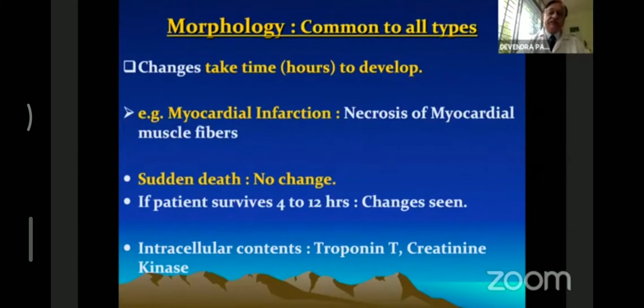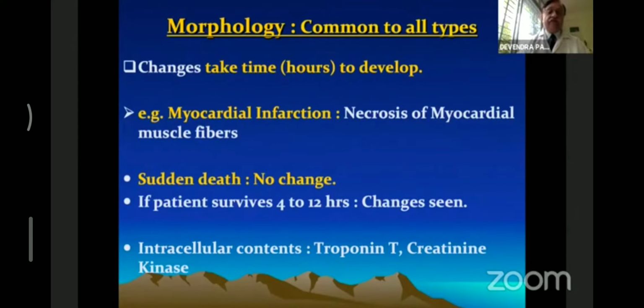Let's say the person survives for 4.5 hours. 8 o'clock he has sustained the event. About 12:30, let us say this person dies. There are some chances that we may see some gross changes. But let us say the person survives till 12 at night.